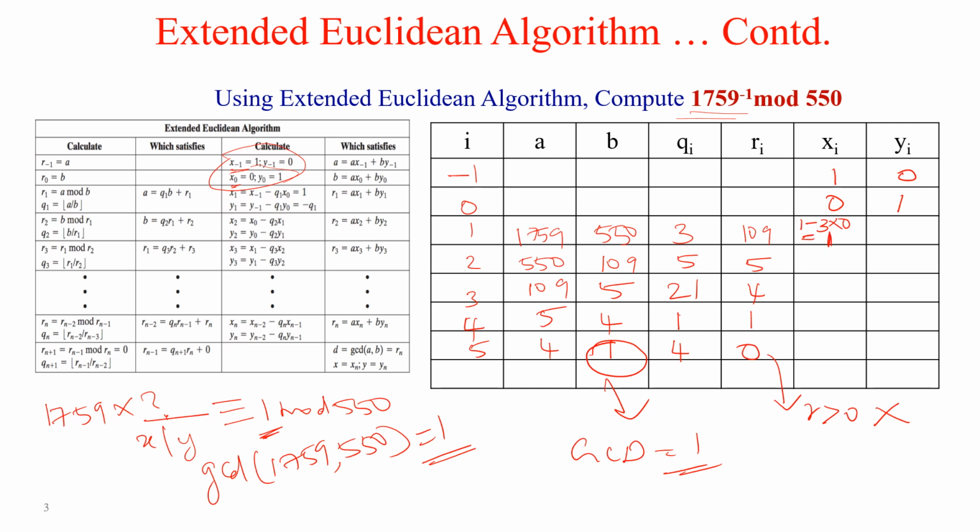Next y1, the same procedure you have to follow. That is the previous x value you have to consider. That is 0 minus q1, 3 into 1, which is equivalent to -3. Next, here you have to consider the previous x value, that is 0 minus quotient, which is 5. 5 into previous x value, which is 1, so it becomes -5.